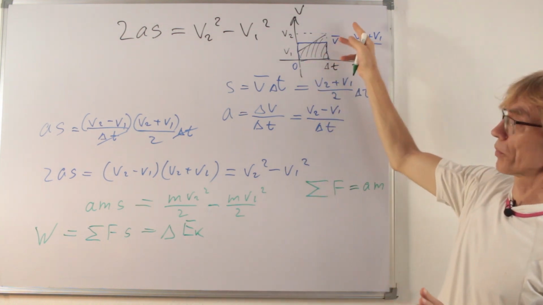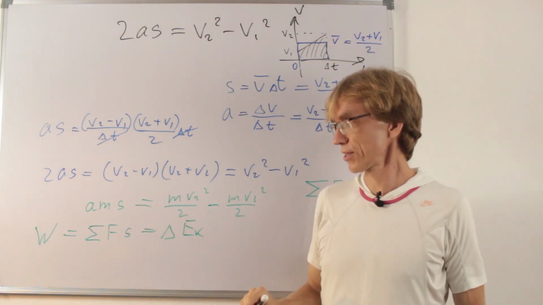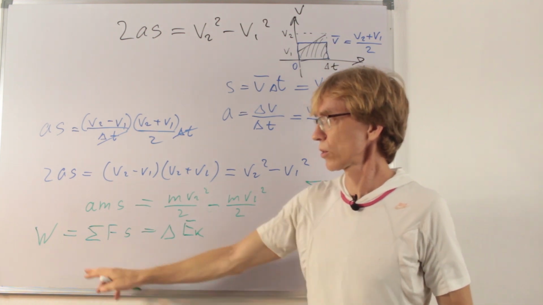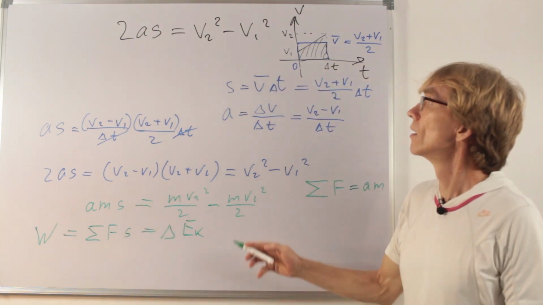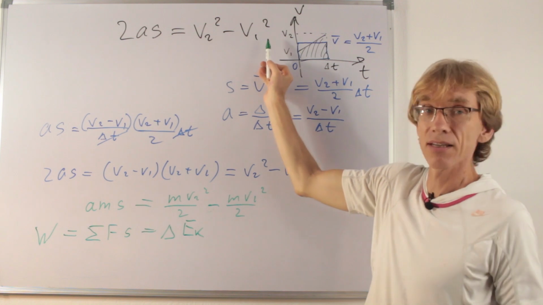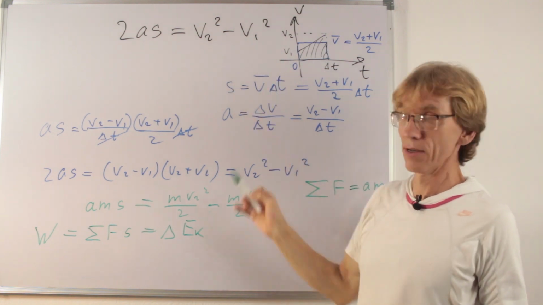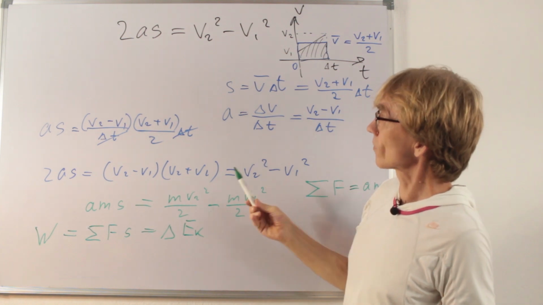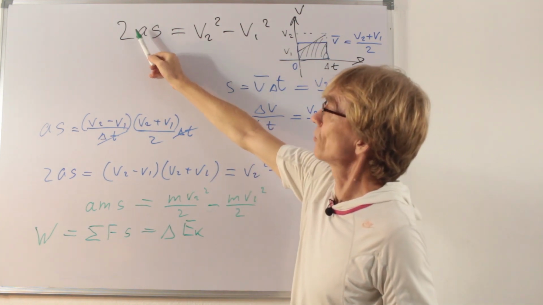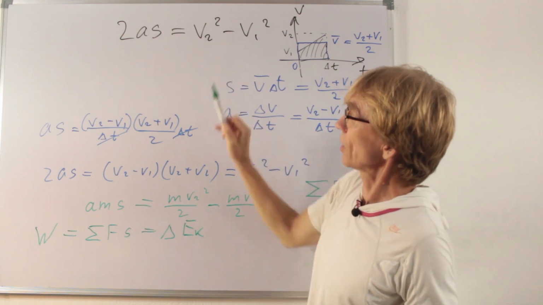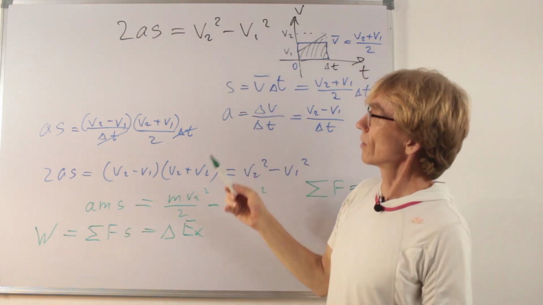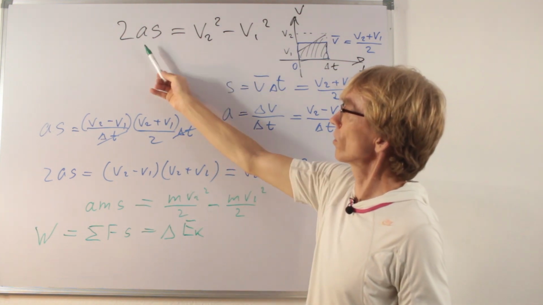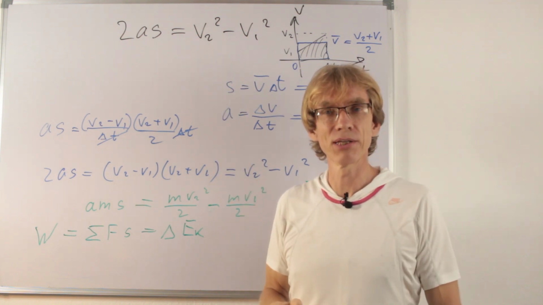Body moving with acceleration, changing its kinetic energy, and the change is equal to the work done. This law is hidden in this simple kinematics equation. Simply, if you divide by 2 left and right and multiply by mass, we see it immediately. Work is equal to change in kinetic energy.